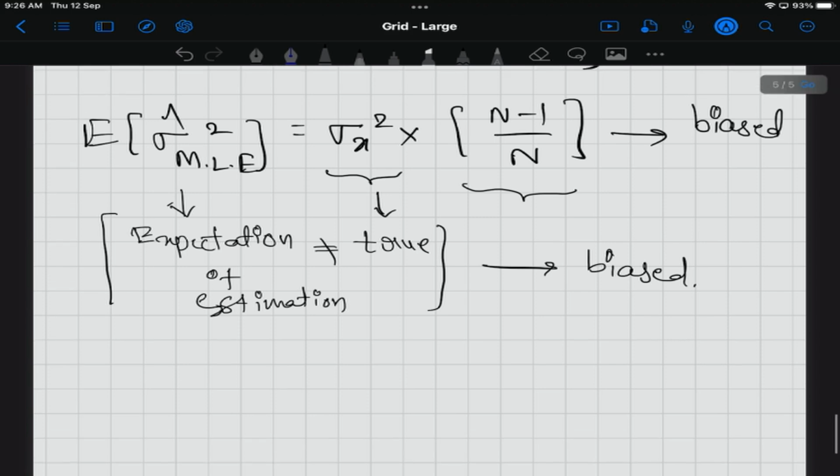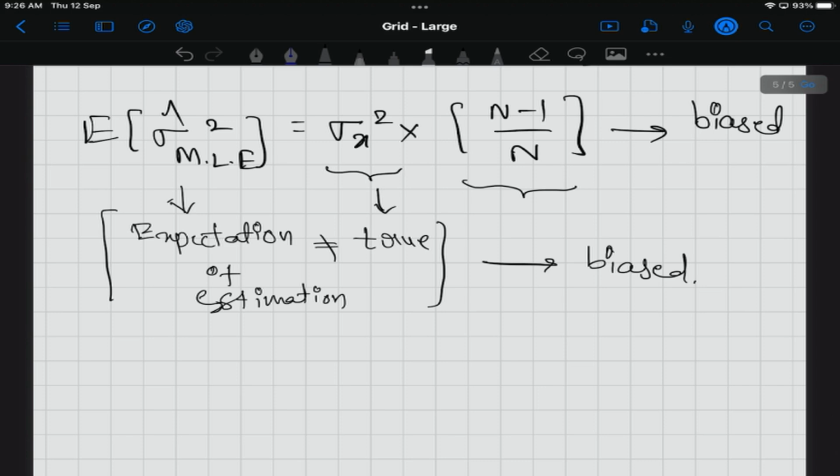Now, your variance is the true value, no? Your estimate is coming like this. Using your MLE estimate, whatever variance you are estimating, it is always lesser than your true variance. Can I say that?